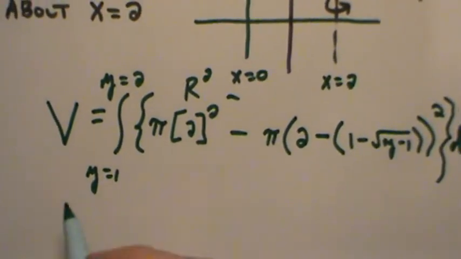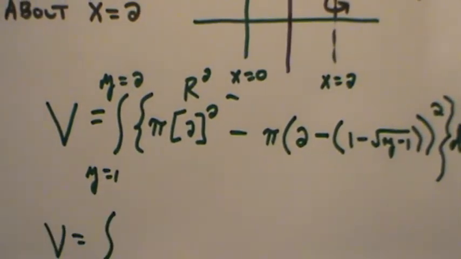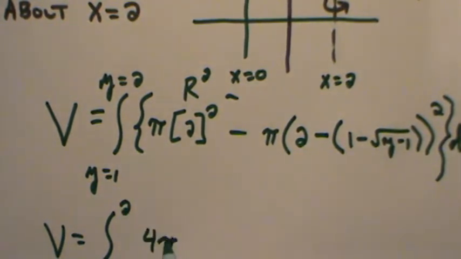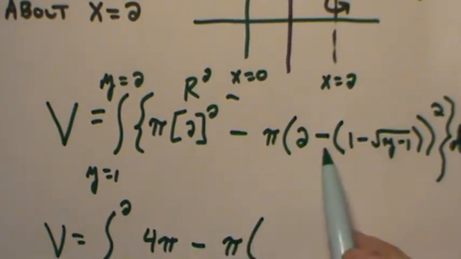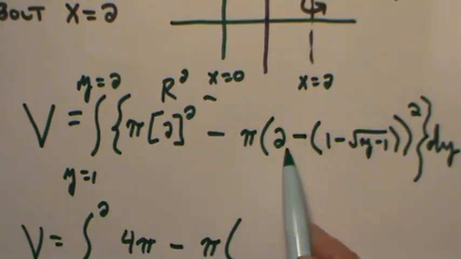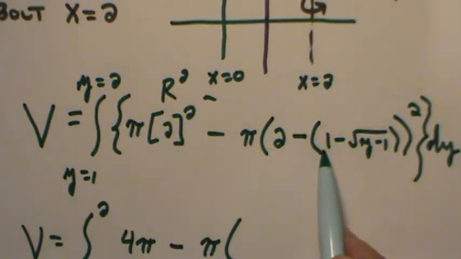Now let me clean this up before I go to put that in a calculator. This is going to go from 1 to 2. This would be 4 pi minus pi times, now be careful on this. This whole thing's being squared, but I can simplify here. 2 minus 1 is going to be 1.